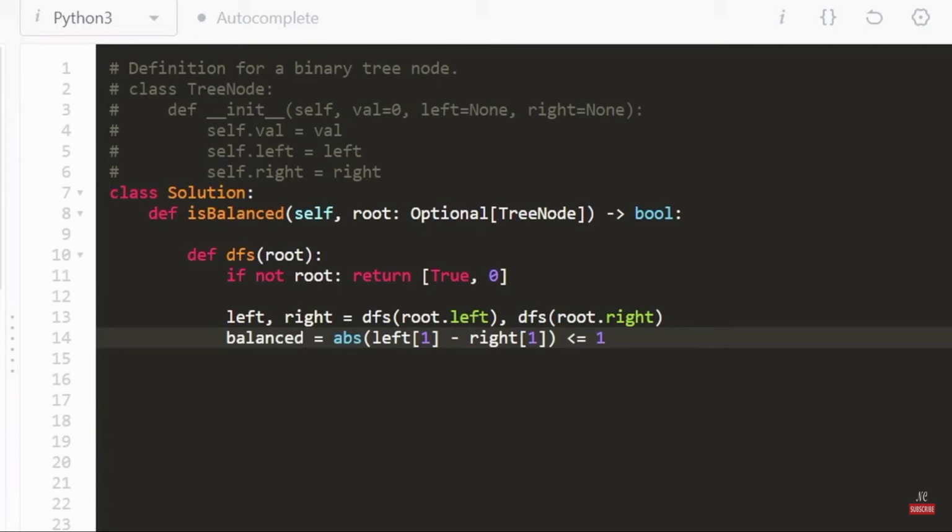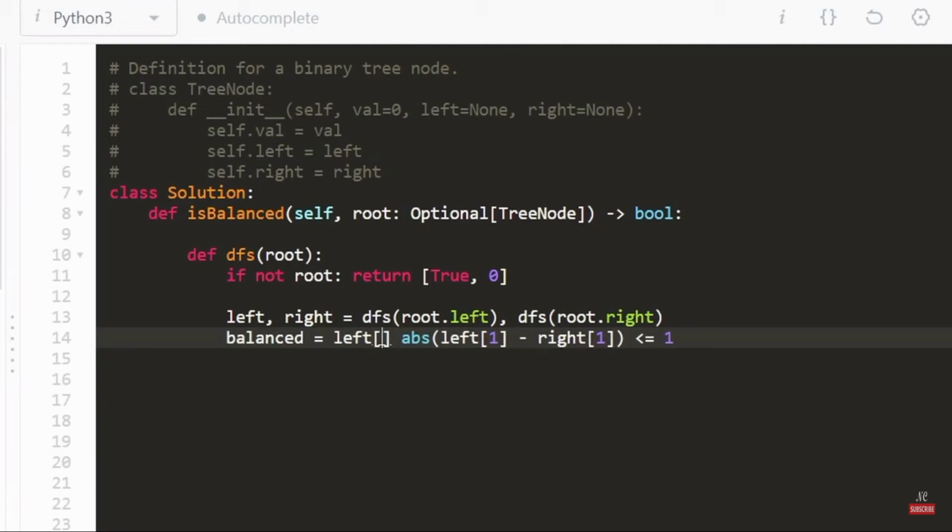Not so fast, because remember, if either of these left or right subtrees ever returned false in the first parameter, then we know for sure that the entire tree is not balanced, right? So before we say that this condition is enough, we're going to add two more conditions. As long as this is true, meaning that from the root it's balanced, and the left and right subtrees were also balanced.